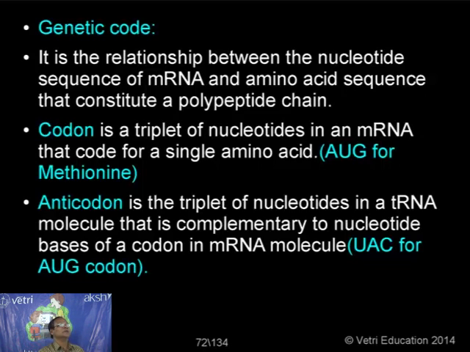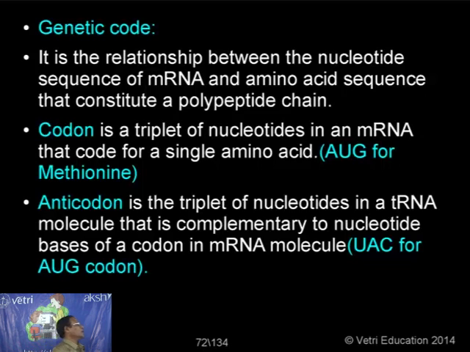But the genetic code is a direct relationship between the nucleotide sequence of mRNA and the amino acid sequence of a polypeptide chain or protein, indirectly with the DNA, but actually a direct relationship between the nucleotides of mRNA and the amino acid sequence of the polypeptide chain or protein that is being synthesized.